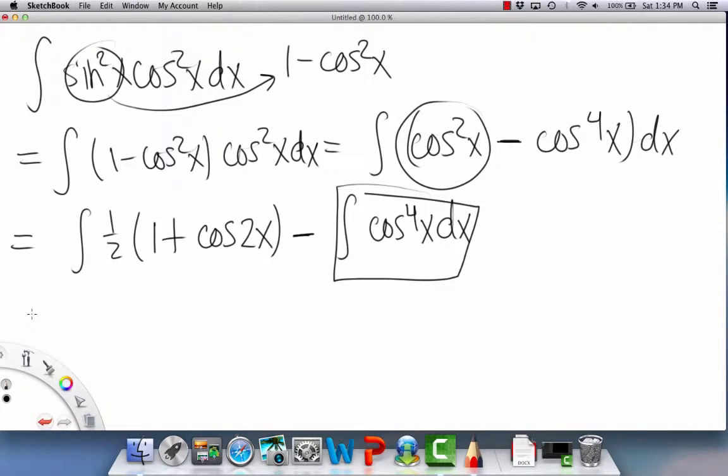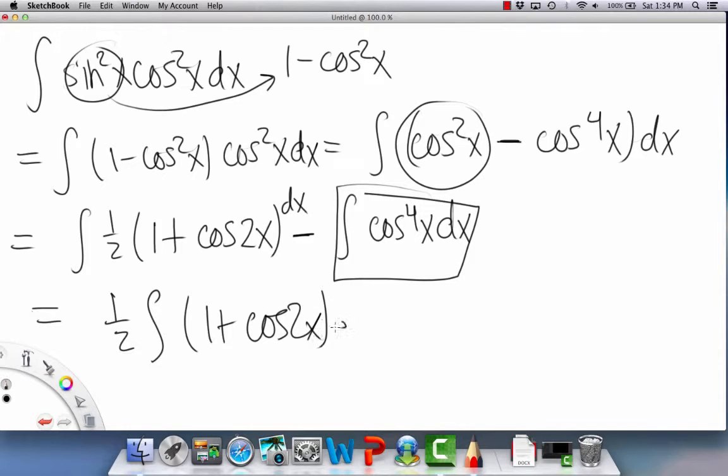And so basically we're going to have, let's see. All right, so the 1/2 can come to the outside of the first, of 1 plus, oh, there should be a dx here. Sorry about that. Cosine 2x and then dx.